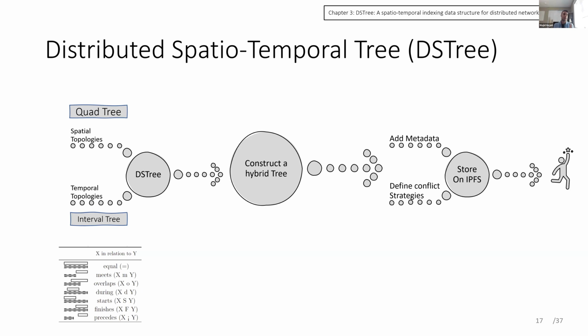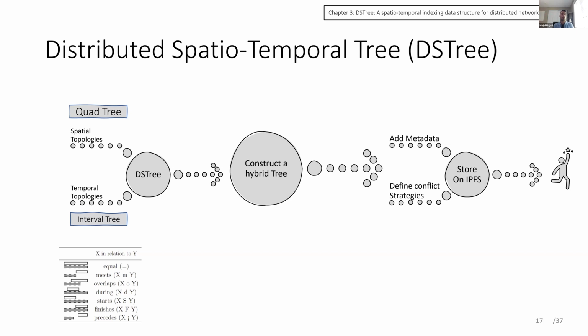It has a start, an end, and a duration. When we have this structure of time, we can define temporal topologies like equals, meets, overlaps, during, starts, finishes, and precedes.